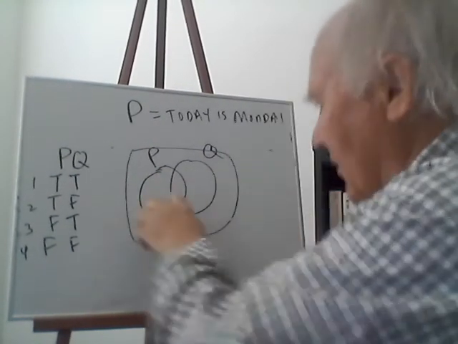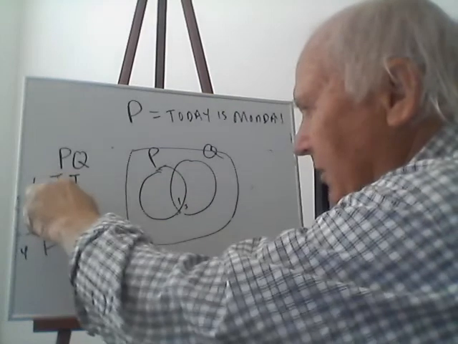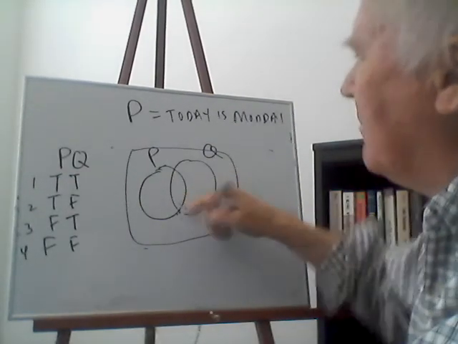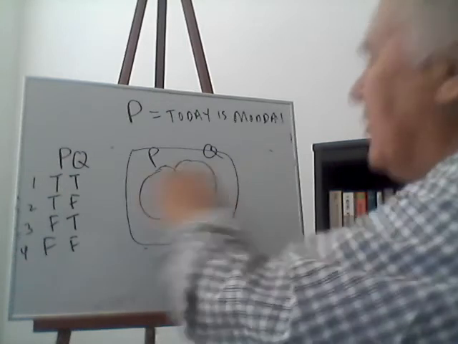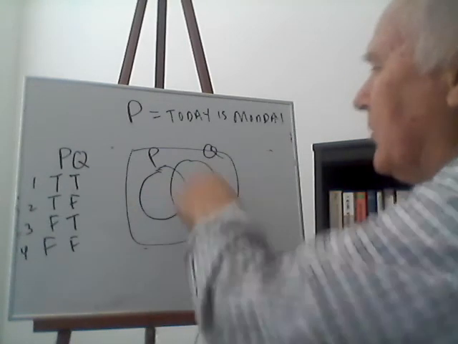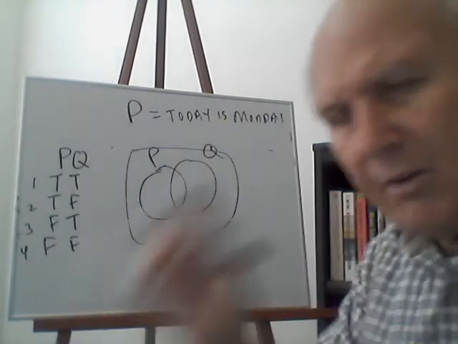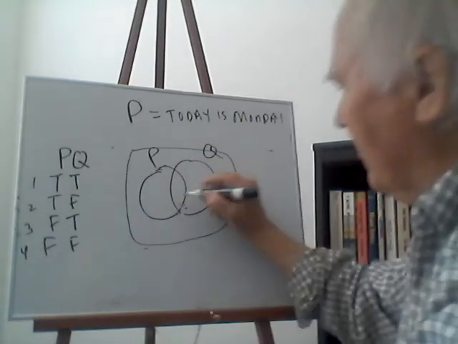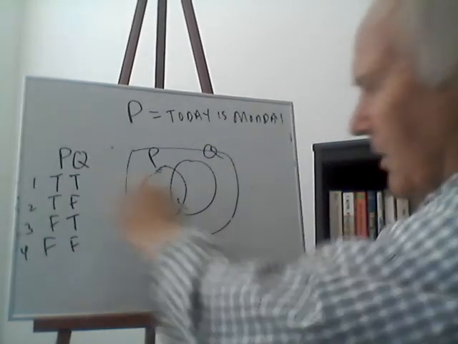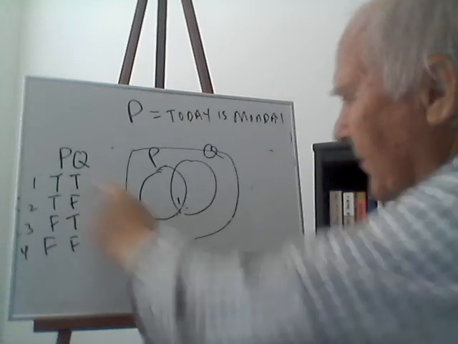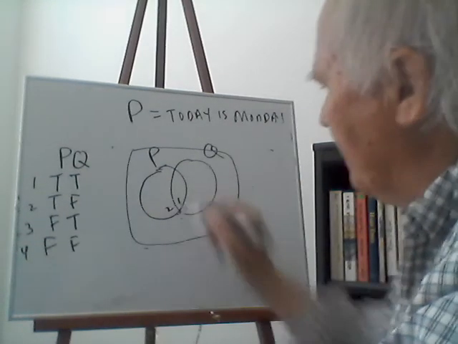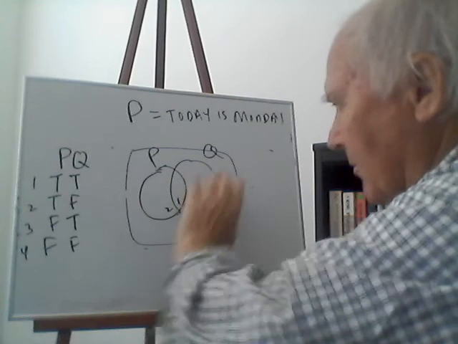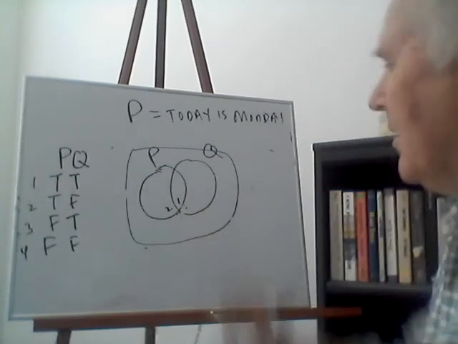Section 1, this section here, corresponds to line 1 of the truth table. So section 1 of the Venn diagram means that P is true and Q is true, because look, we're in the P circle and we're in the Q circle. Inside the circle means it's true, outside false. Section 2, we're inside P, P is true, we're outside Q, Q is false.